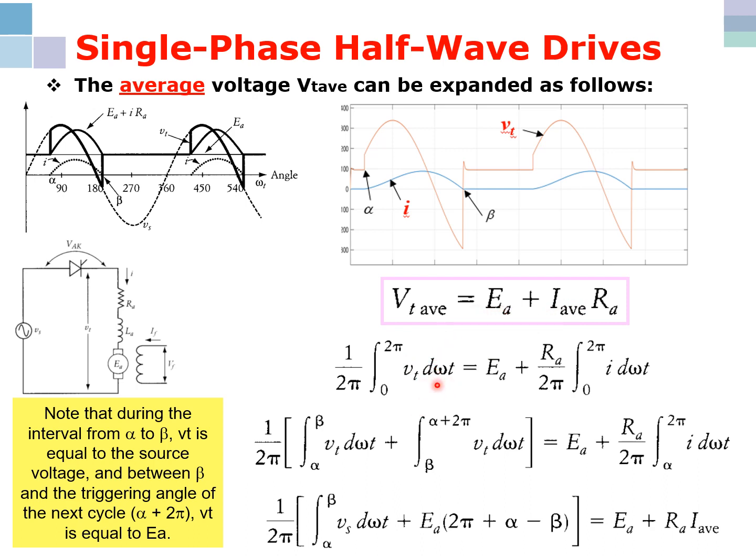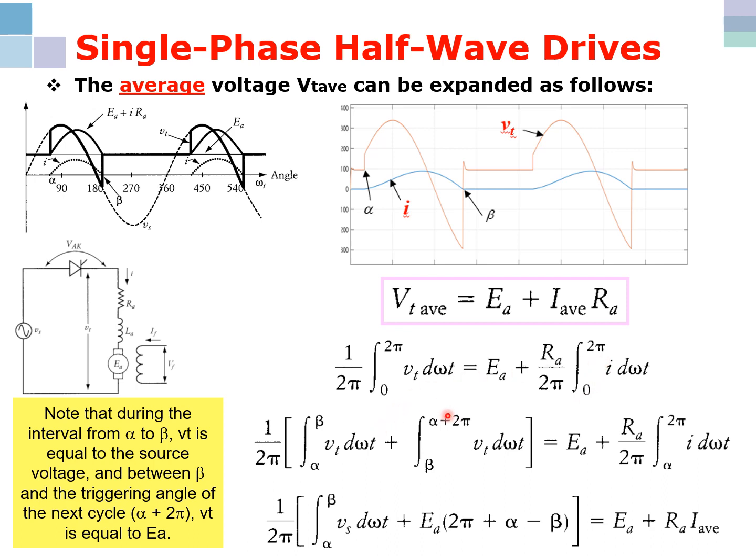Okay, the integral of VT d omega t from 0 to 2 pi, which is the full cycle, the 360 degrees, and then the value of EA plus RA over 2 pi, the integral of I d omega t from 0 to 2 pi.